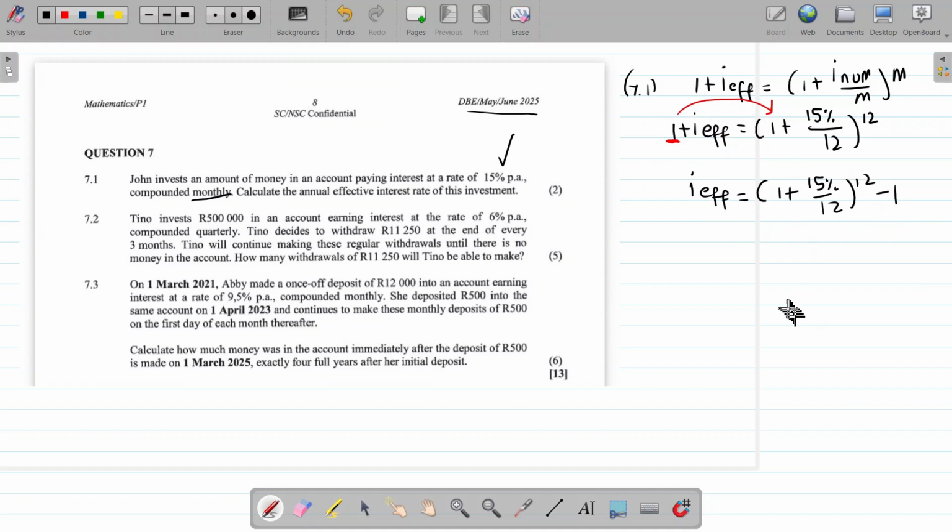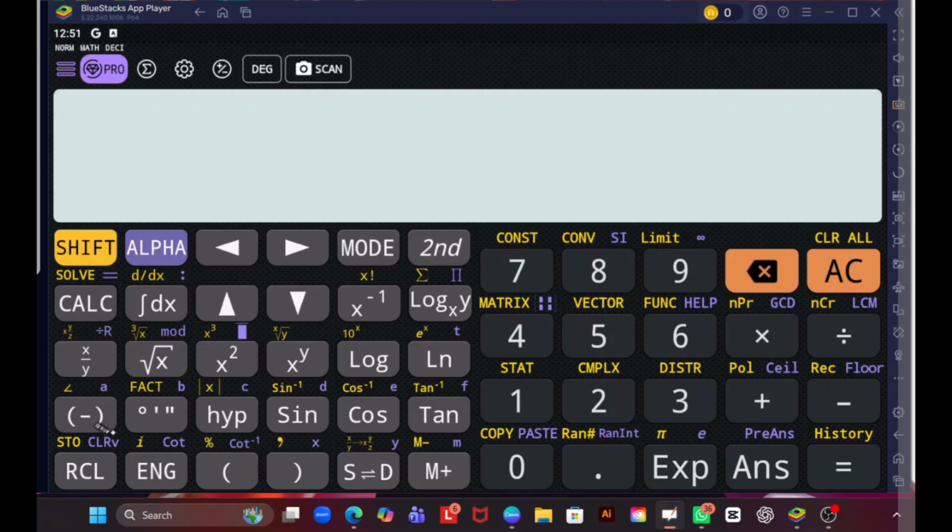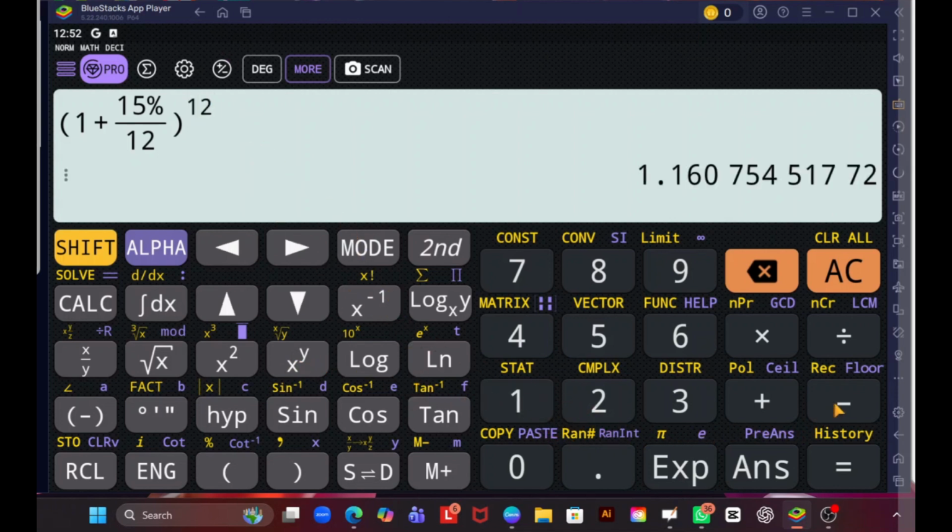And then we hit this on the calculator. Let's open our bracket: 1 plus 15%, looking for 100%, the compounding period is monthly, close the bracket. And then we're going to raise it to the power of 12, and then subtract 1 from it.